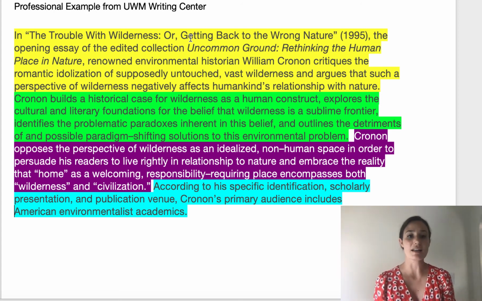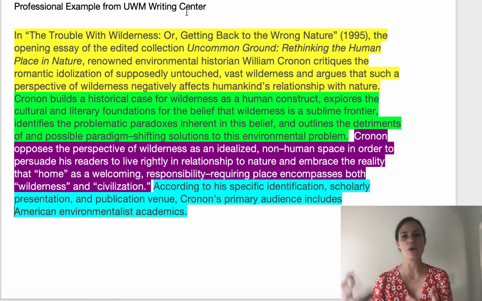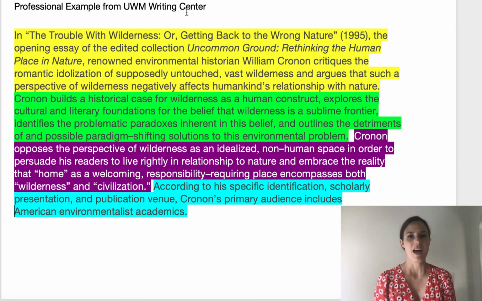He's writing to academics, and not just any academic, but people who are environmentalists, who are already familiar with many of these concepts. So this is an example of a précis that's really working. This précis is going to tell the reader of the précis that the writer understands what the text is saying, how the text is saying it, and why the author of the text is making certain moves. I hope that helps.